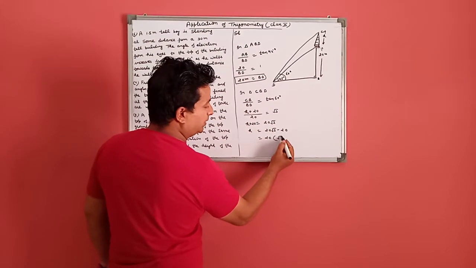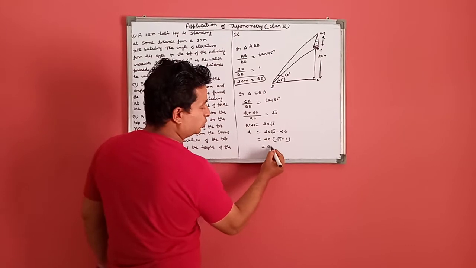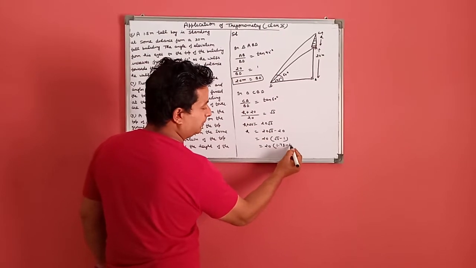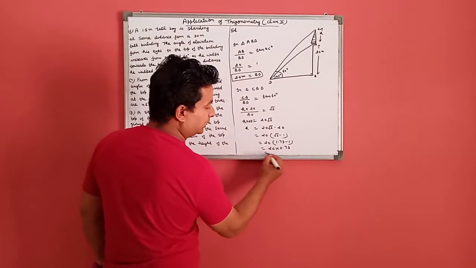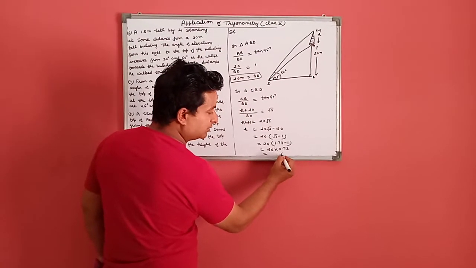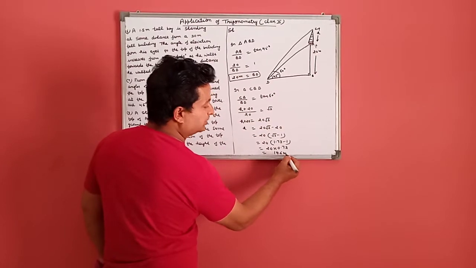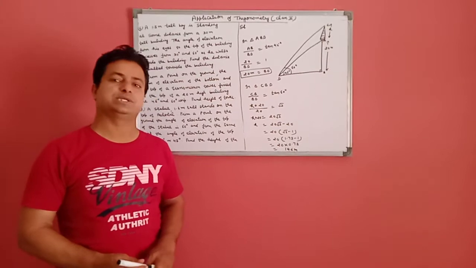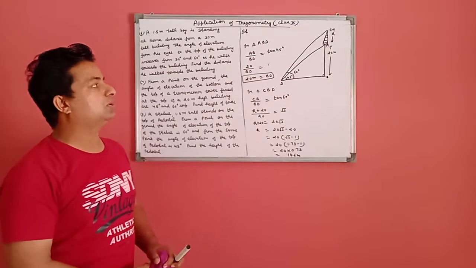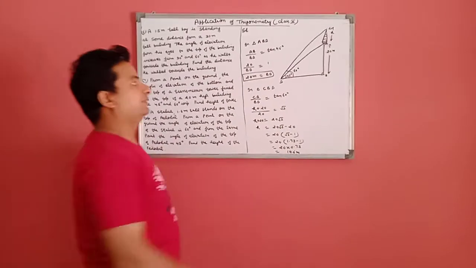Take 20 common. The value of root 3 is 1.73. This is 20 into 0.73. When we multiply this, we get 14.6 meter. So the height of the tower is 14.6 meter. This is the solution of question number 7.